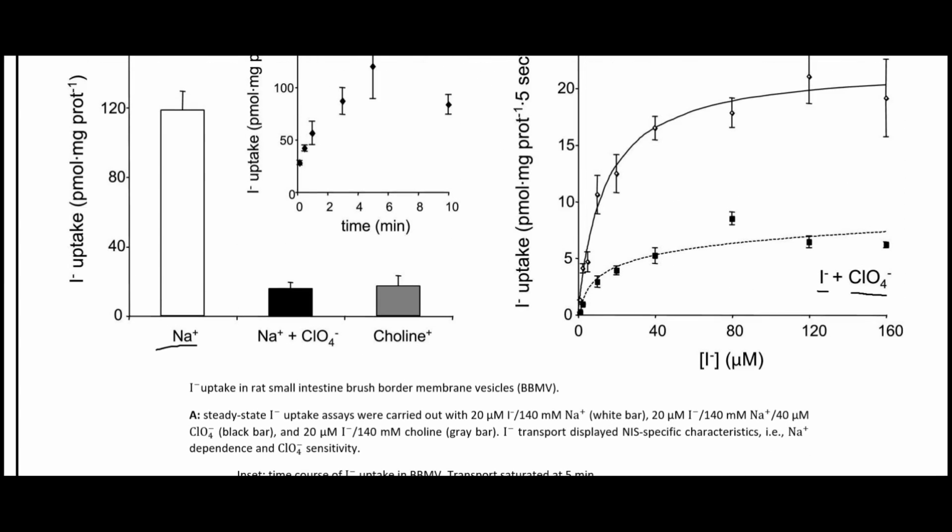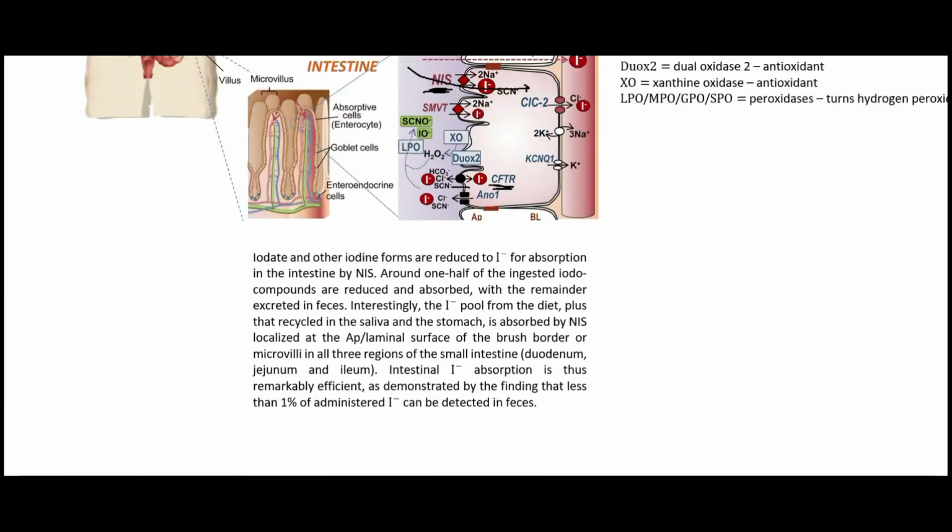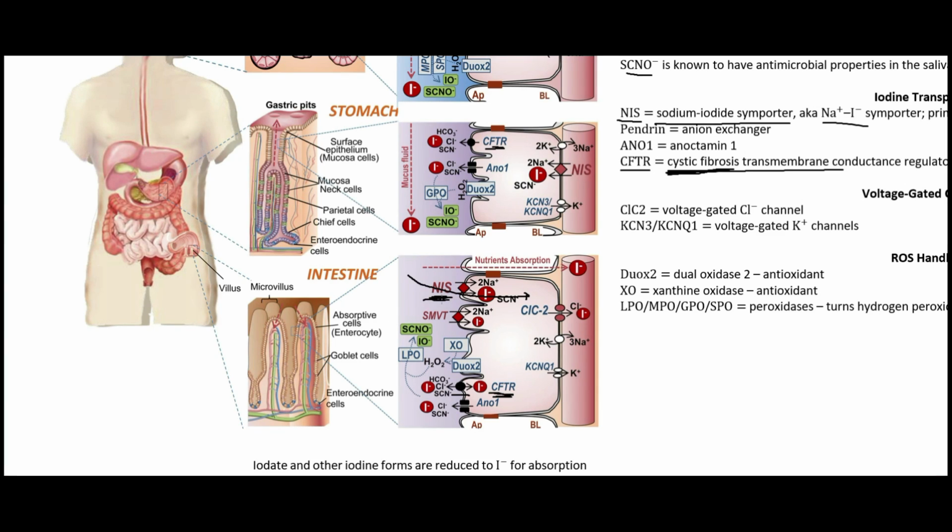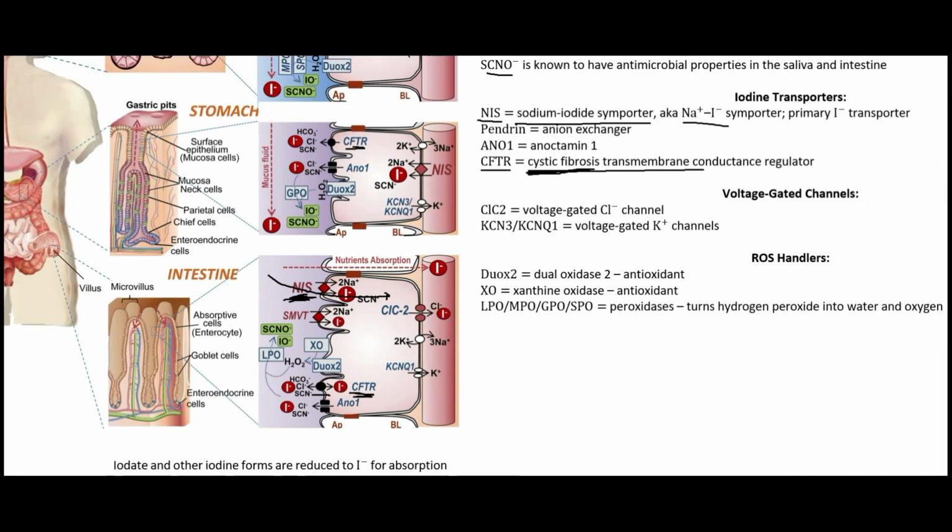But yeah, so this is just showing essentially that this is actually true, that this NIS here is actually expressed on the apical surface of the enterocytes in the intestine, and that the exposure to iodine for longer periods of time causes a down regulation of that sodium iodine transporter.